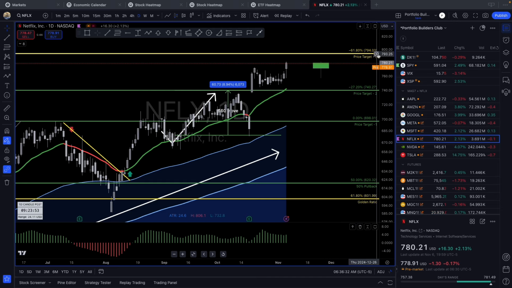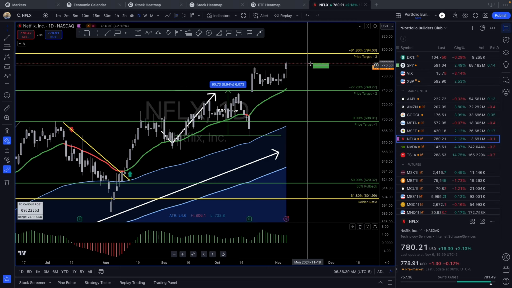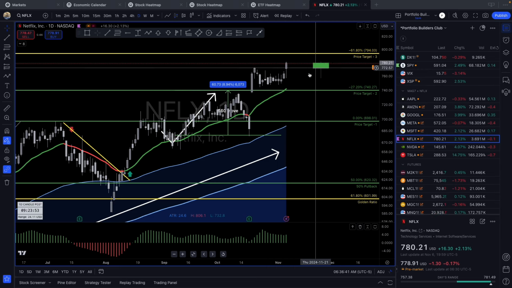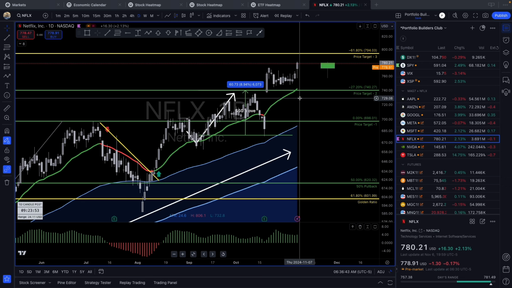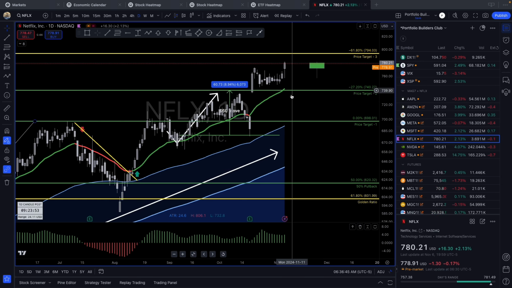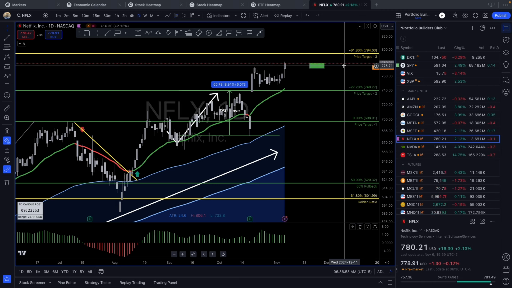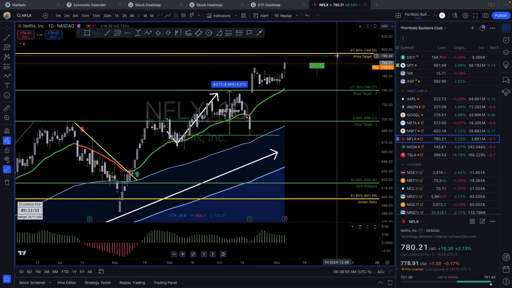Our price target was the 794 800 level that we talked about previously, and it seems to be steadily moving in that direction. Again, interest rate decisions could rattle the markets, that sort of thing, but this is where we're headed. This is long term where we expect price to go. Again, day to day, you don't know if price is going up or down, but if you look at the overall trend, we can say that it's headed toward this 794 800 level. So we'll continue to monitor that.